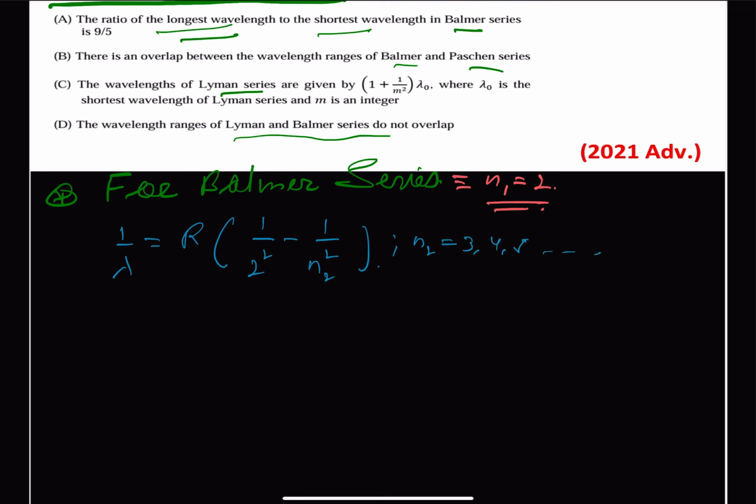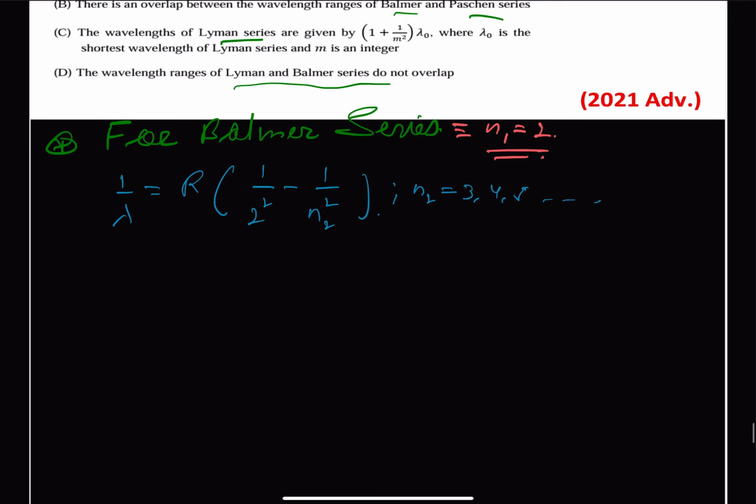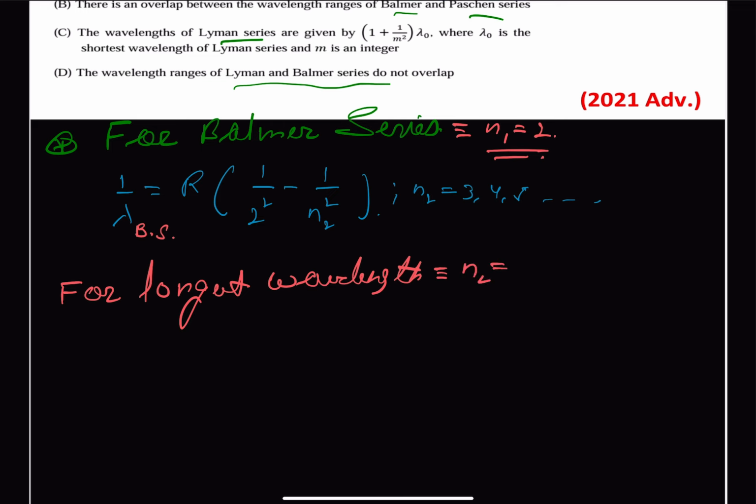But we are interested in the longest wavelength. Therefore, for the longest wavelength, let me write lambda BS, Balmer series, the value of n2 will be equal to 3.